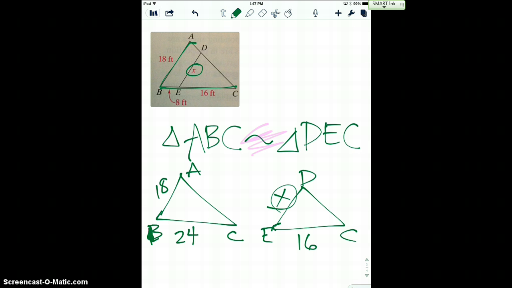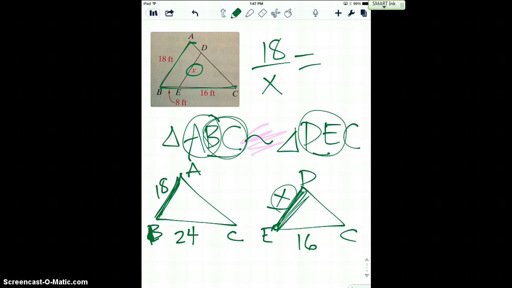So the corresponding sides, AB corresponds with DE. So I'm going to say 18 goes with x, just as BC goes with EC, 24 goes with 16.